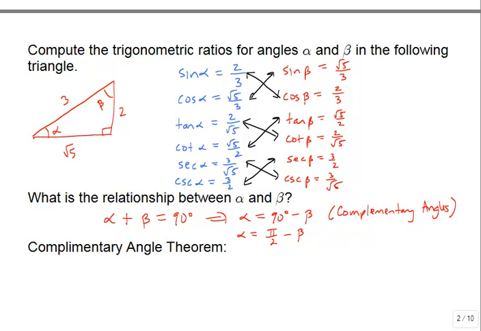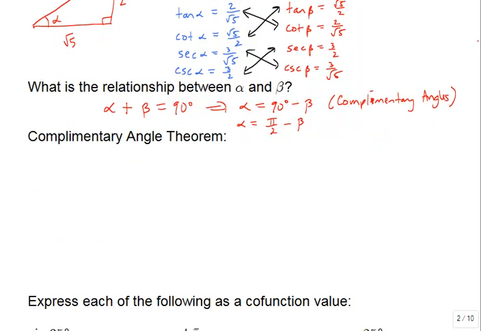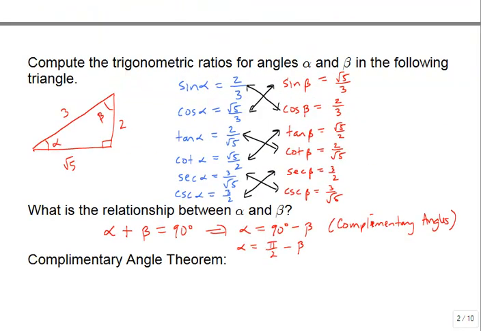So this is a theorem that we have called the complementary angle theorem, and this is what it says. Exactly the conclusions that we came up with up here. So sine of alpha, let me actually use theta here to be very general. Sine of any angle theta will be the same as cosine of its complement.